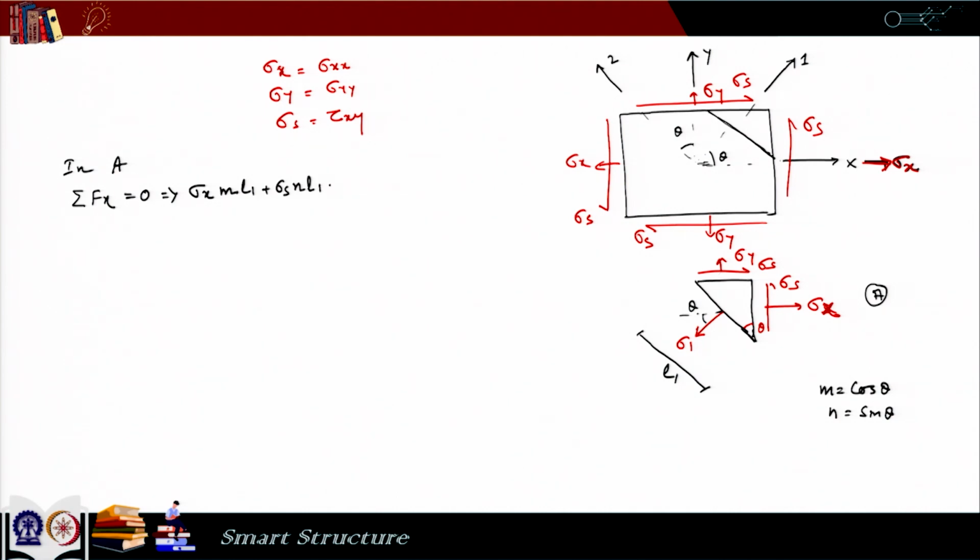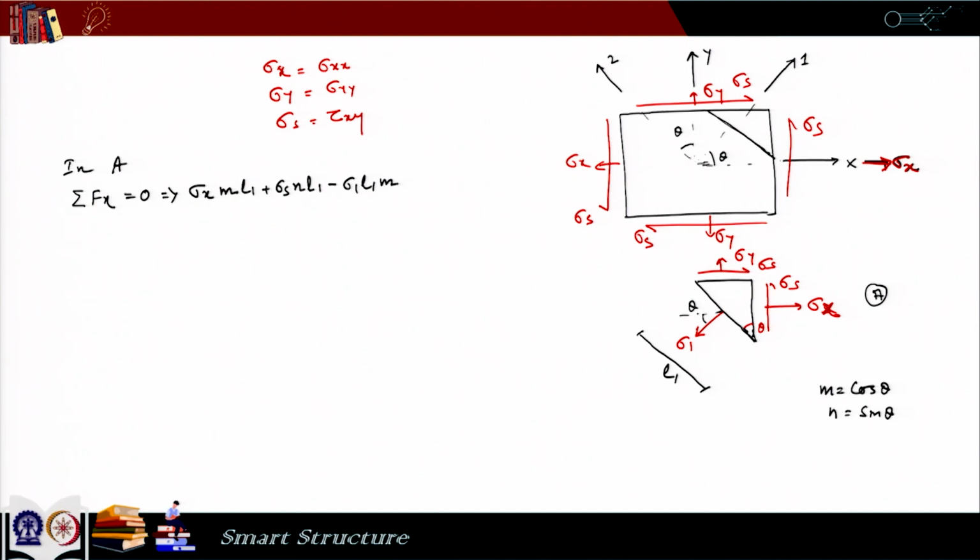Then we have minus sigma 1: the force here is sigma 1 multiplied by L1, and the component along x is cosine theta with a minus, so minus sigma 1 L1 m.